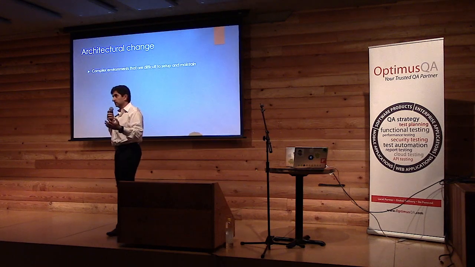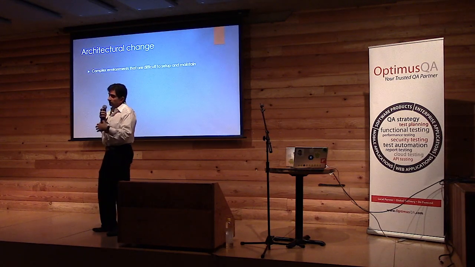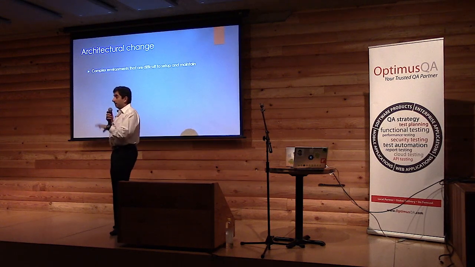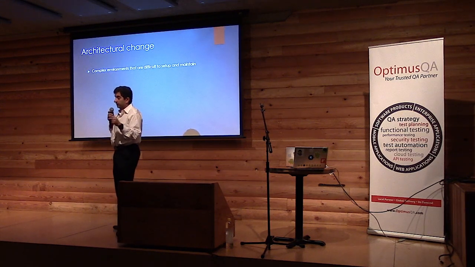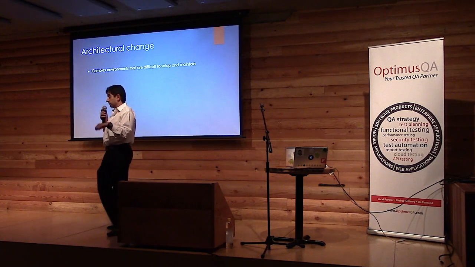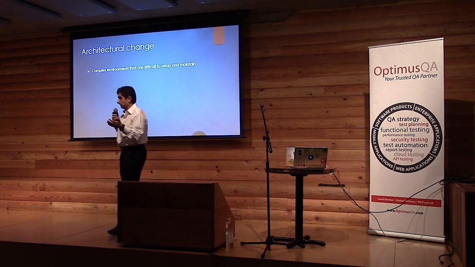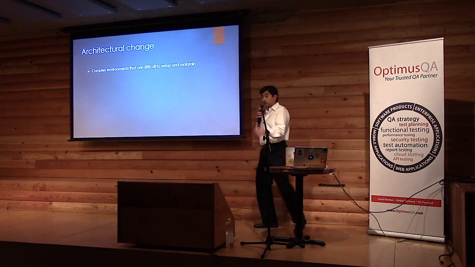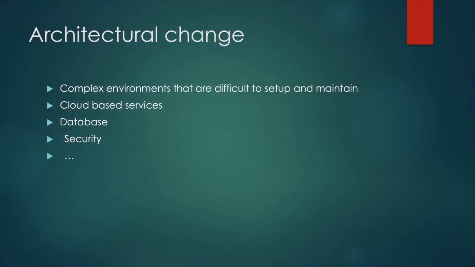They're service-based. Service-based means in order to get one functionality going, you're running multiple services. I personally worked in places that had over 60 or 70 different services running. If they shut it down, they didn't know how to bring it back up. And then the testers still needed to test these environments.